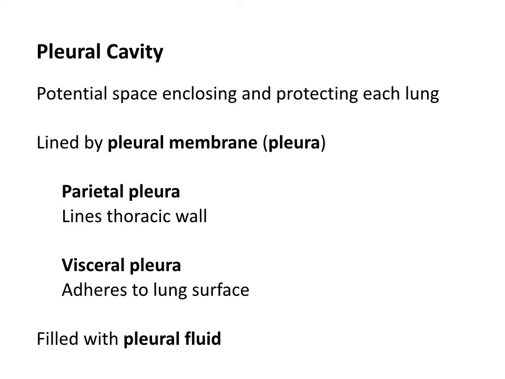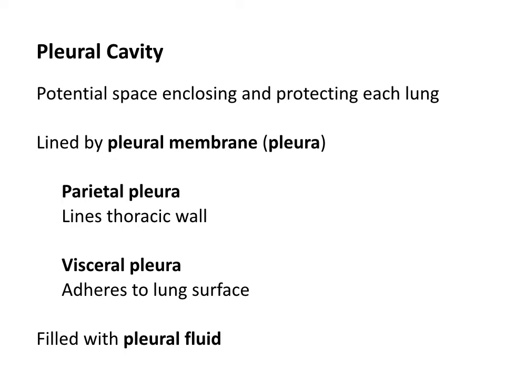It also lines the surface of the diaphragm, and it is next to the mediastinum. You then have the visceral pleura, which is physically attached to the surface of the lung, and it extends into the fissures between the lung lobes.